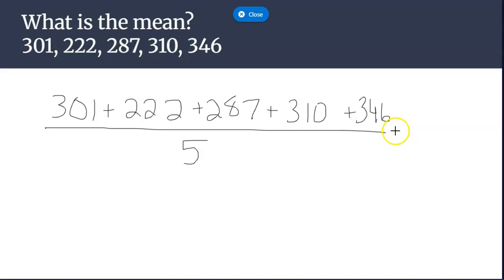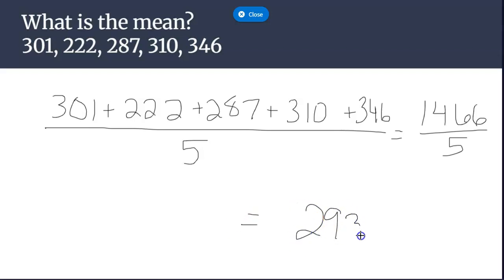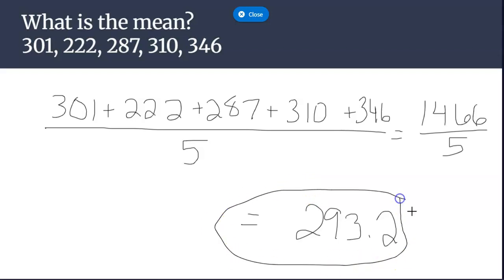There are 5 numbers. If we put these together, calculator yields 1,466. And we're going to divide that by 5. 293.2 is our mean. A representative number, it's kind of a summary. Notice it's not a number that appears in the set, but it represents all 5 numbers.